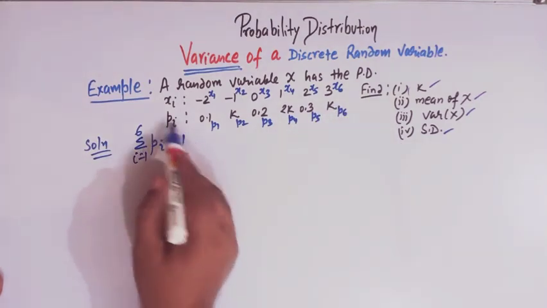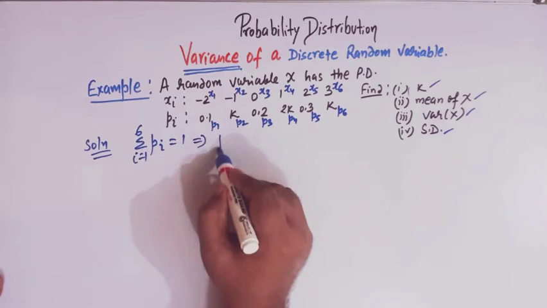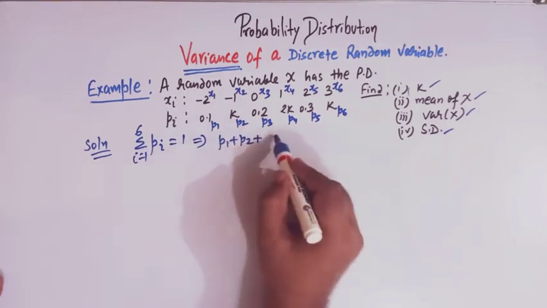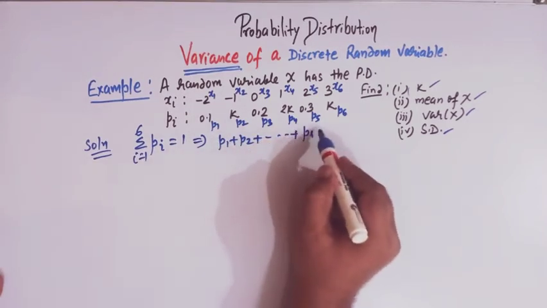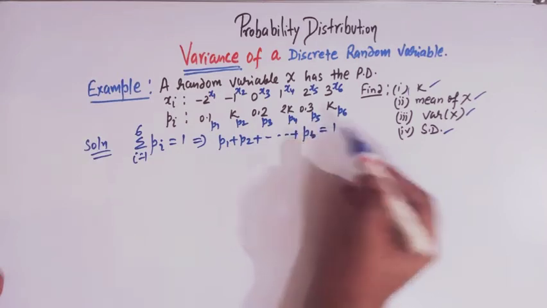So the sum of all probabilities, p1 plus p2 up to p6, is equal to 1.